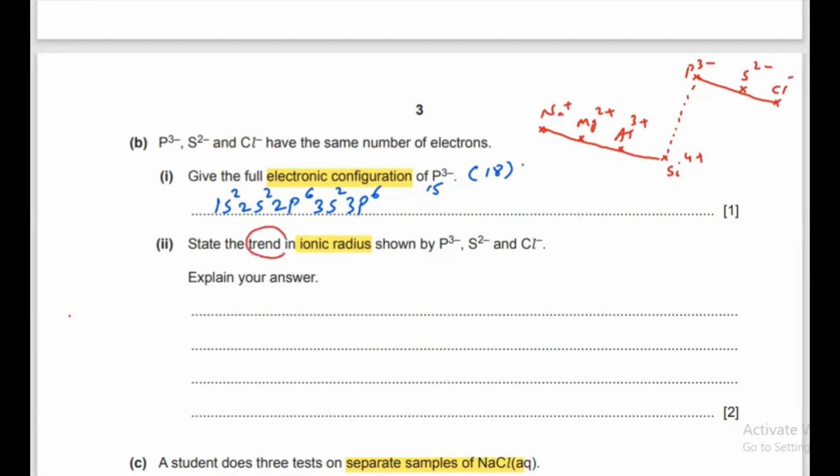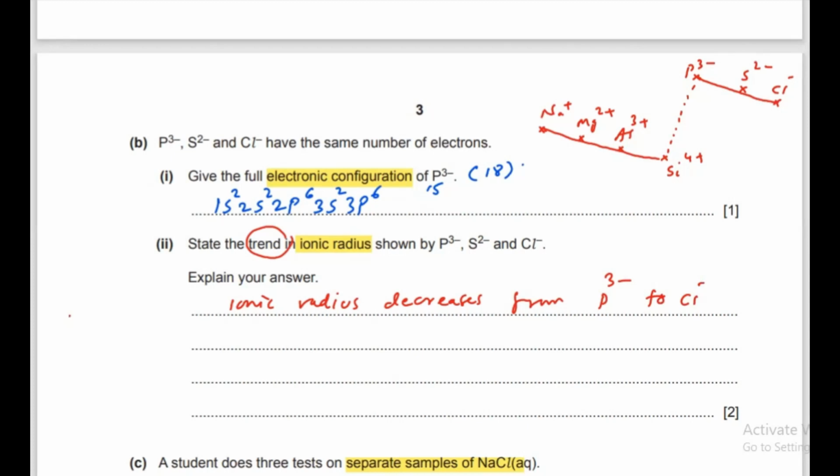First of all, we have to explain the trend. As we can see, the anionic size or ionic radius decreases from P3 negative to Cl negative.